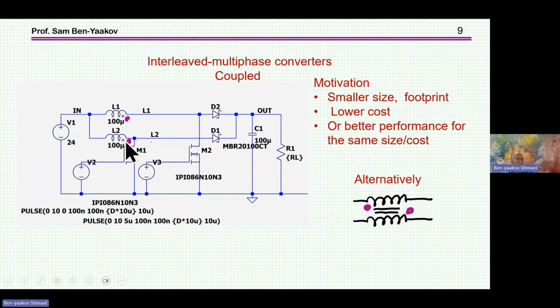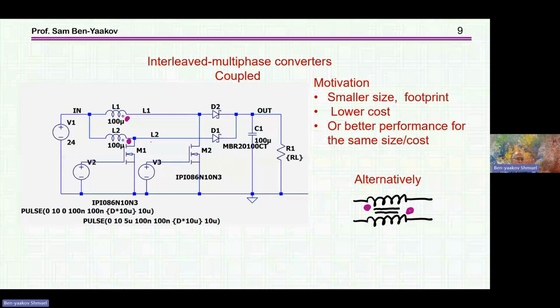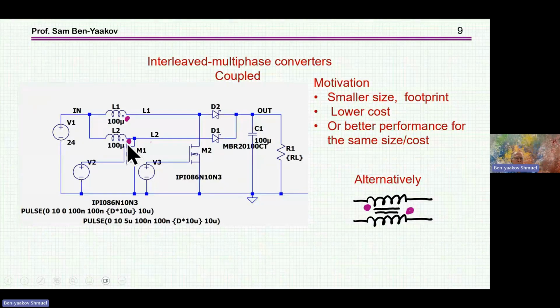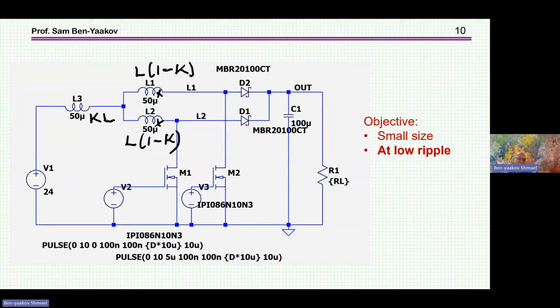So the idea of coupling is really saving in the operation. Overall, it is like an interleaved multi-phase converter, but the magnetics is, I'd say, smart magnetics that we have in a coupled arrangement.